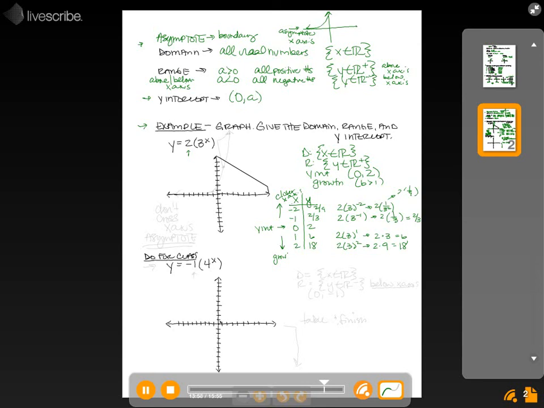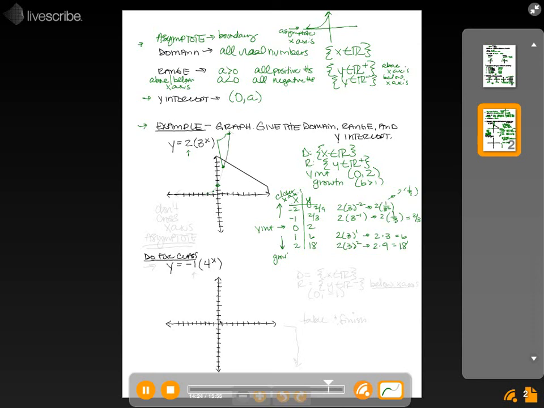Okay? So now we plot these. (0, 2) was our y-intercept. (1, 6). (2, 18) is going to be way up here someplace. Negative 1, 2/3. I'm going to approximate where that would be. And then negative 2, 2/9 would be closer to the x-axis.